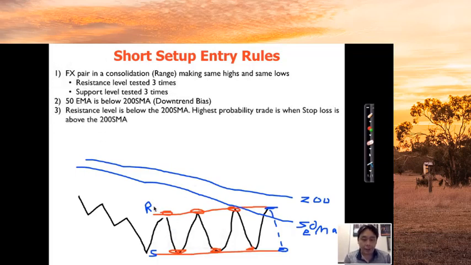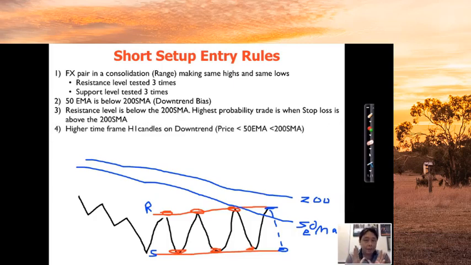Again, your resistance level should be below the 200 moving average. And again, the highest probability is when your stop loss is above the 200 moving average. It is not a must to have, it's a good to have. The 200 acts as a strong level of protection in case the price moves up and could be hitting your stop loss.